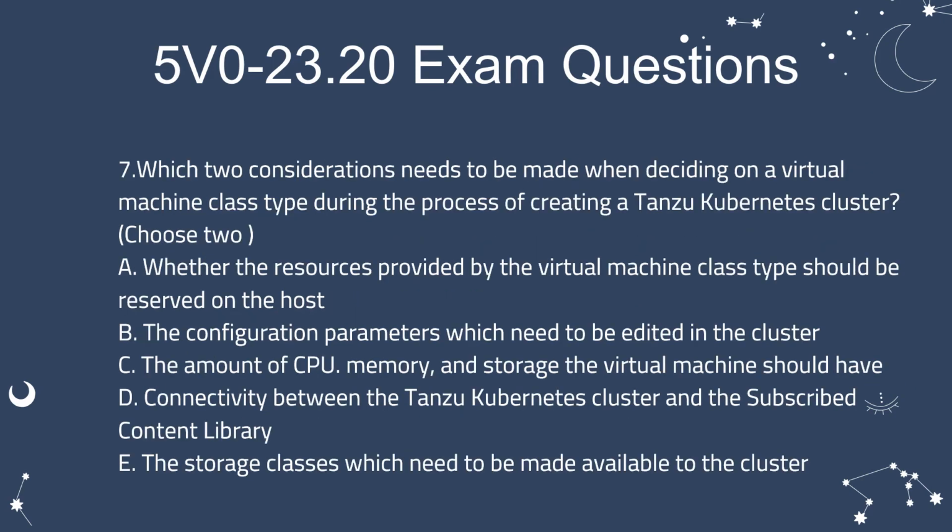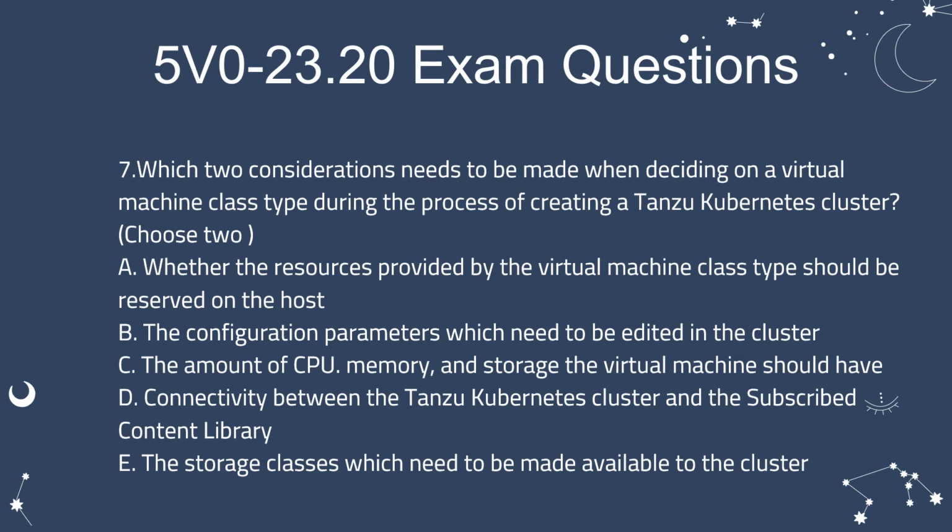7. Which two considerations need to be made when deciding on a virtual machine class type during the process of creating a Tanzu Kubernetes cluster? Choose 2. A. Whether the resources provided by the virtual machine class type should be reserved on the host. B. The configuration parameters which need to be edited in the cluster.